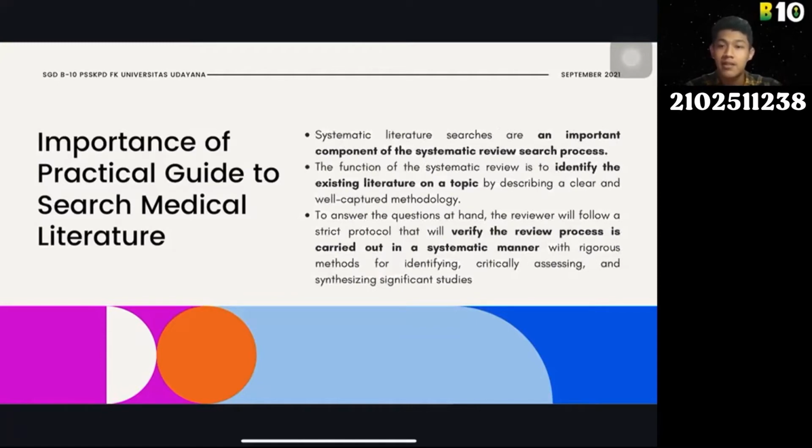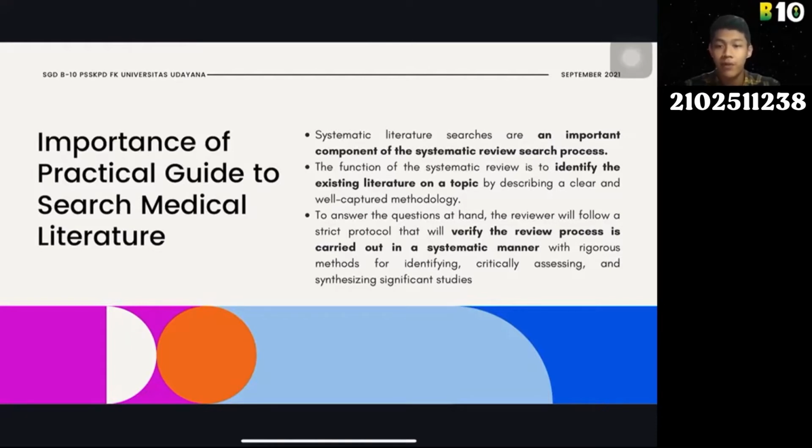Third, systematic literature searches are an important component of the systematic review process. The fourth, the function of the systematic review is to answer a question on a topic by describing a clear and well-captured methodology. And the last point is to answer the question at hand.